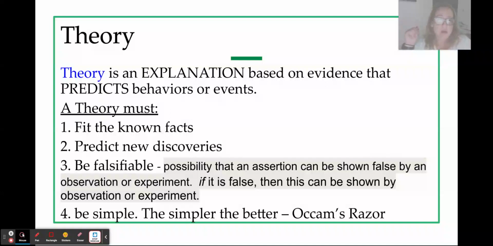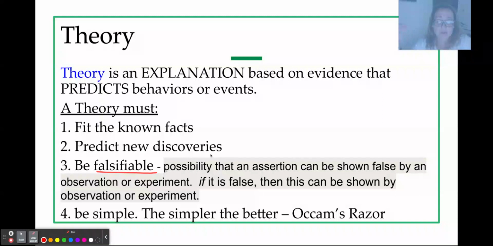Now, with a theory, one of the key words I want you to put here is falsifiable. Under theory, please write falsifiable, which basically means there is a possibility that it can be false by an observation.